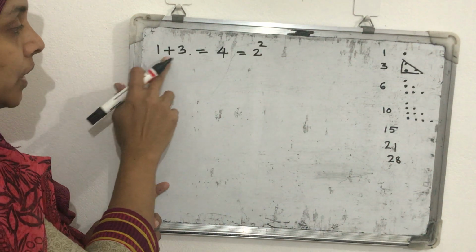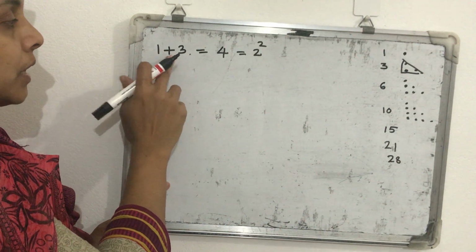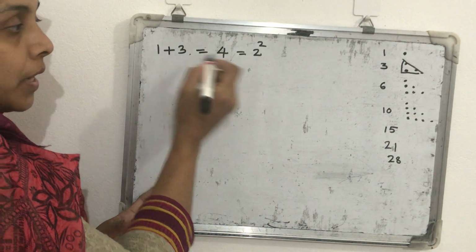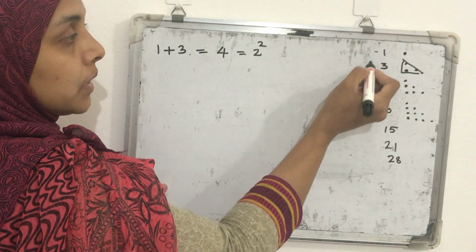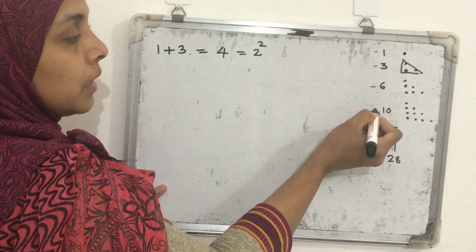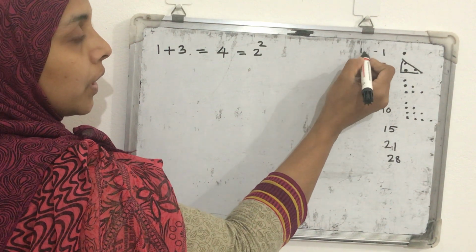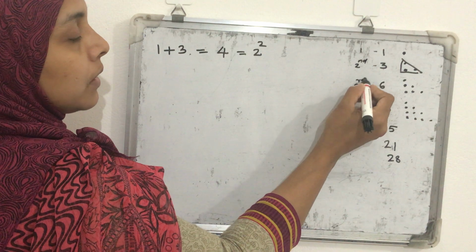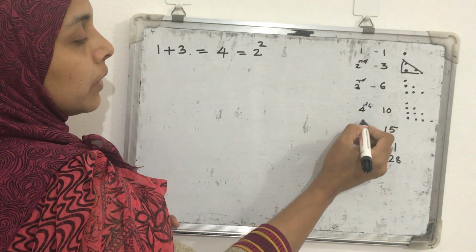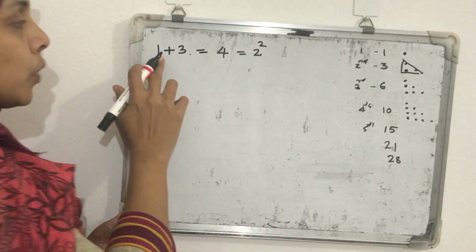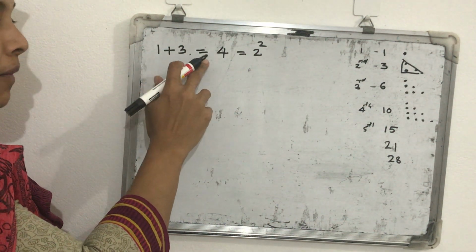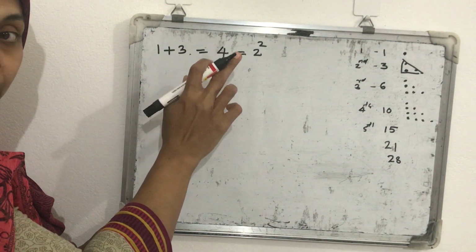Okay, in this 1 plus 3, the 3 is which term? Second term. Here this is the first term, this is the second term, third, fourth, that way we can take first, second, third, fourth term, fifth term, like that.